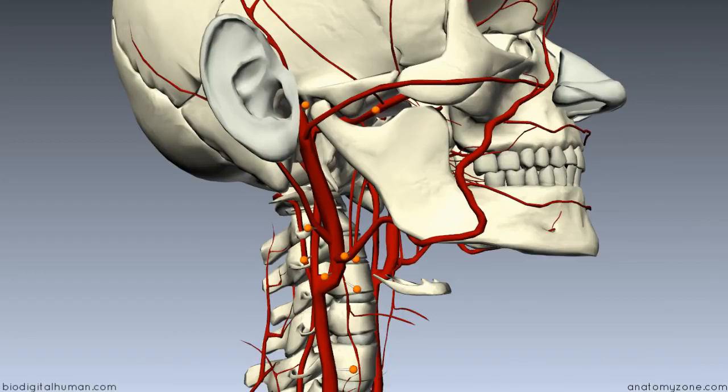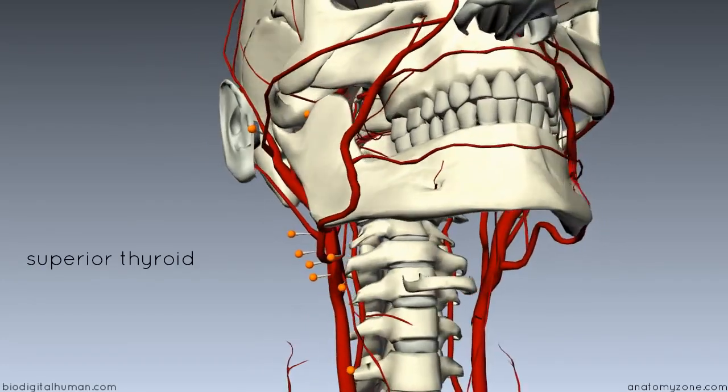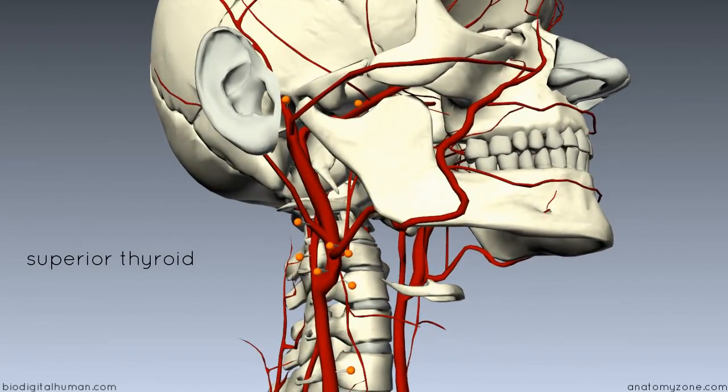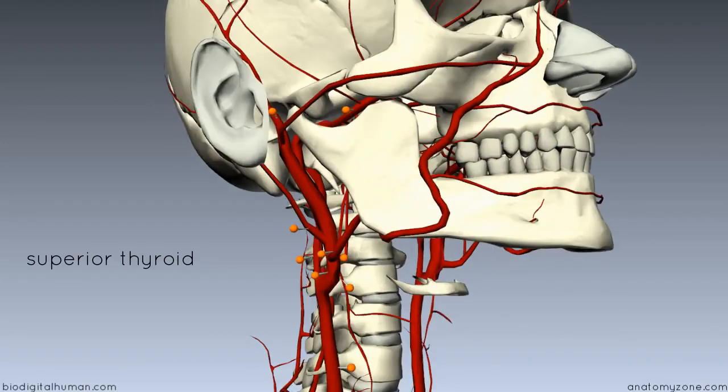The first artery that comes off just after the bifurcation of the common carotid is the superior thyroid artery. It's this artery pinned here. If I rotate it around, you can see how it descends onto the superior pole of the thyroid gland.